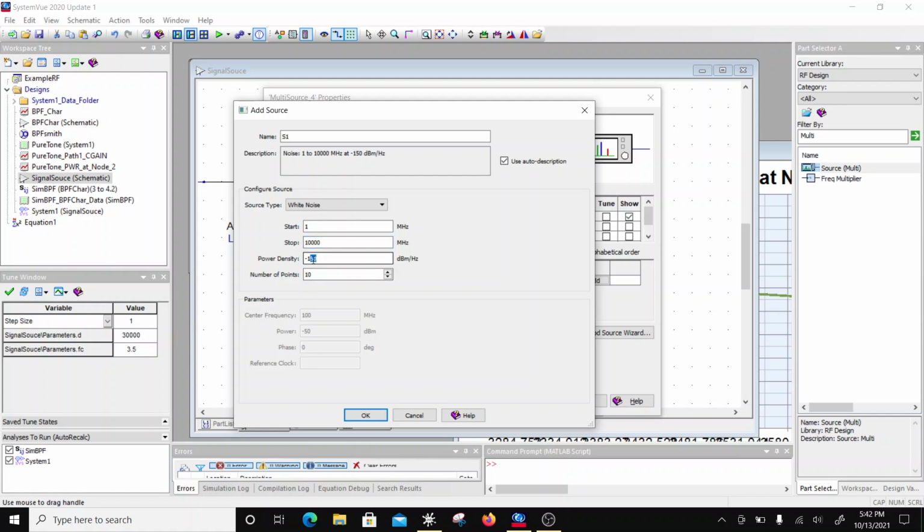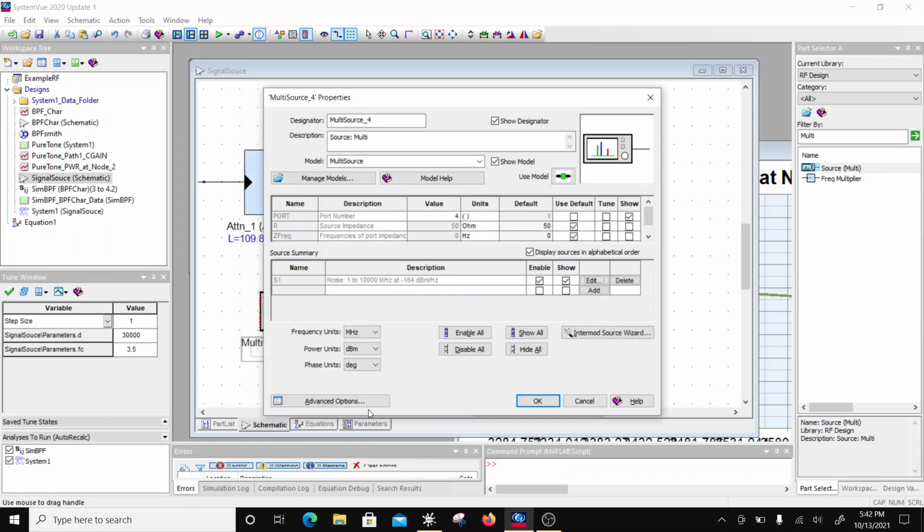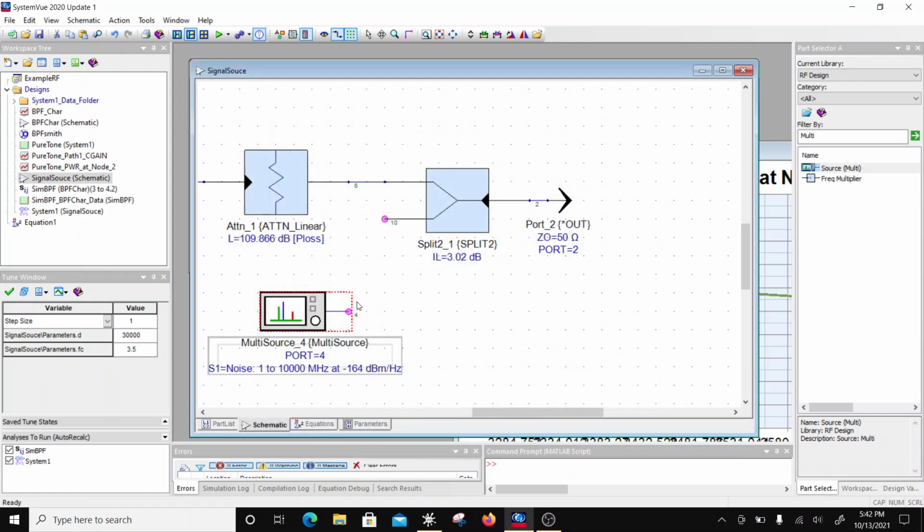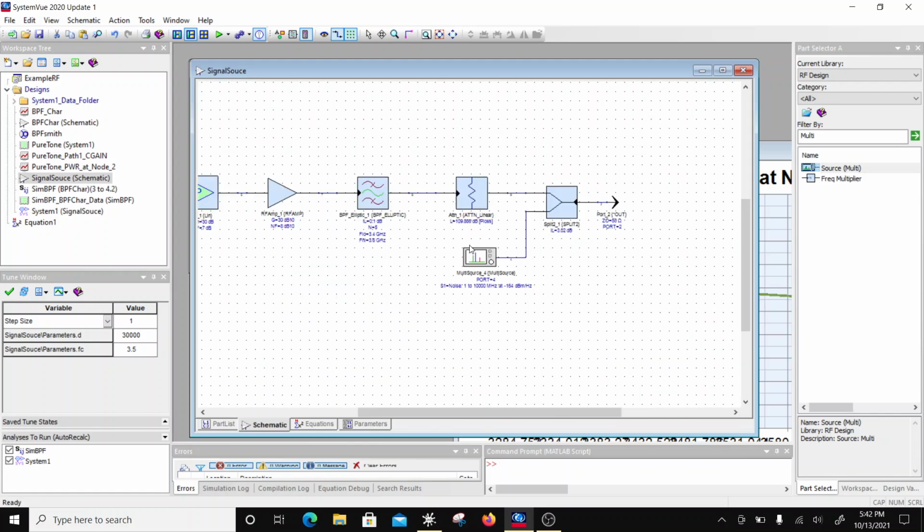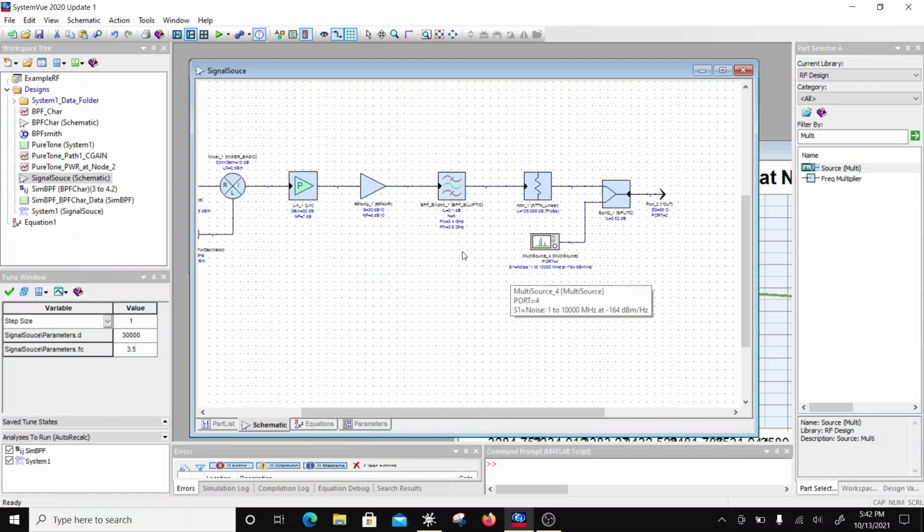And the noise I'm going to add is going to be 10 dB above the thermal floor, which is going to be 165 or 164, right? And I'm going to put here 100 points or maybe 1000 points. That's okay. So I have put in a white noise here, which I'm going to couple in here. So that portion is done. So now what has happened is, I have modeled a channel here.